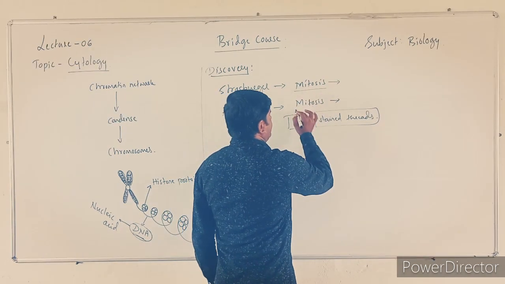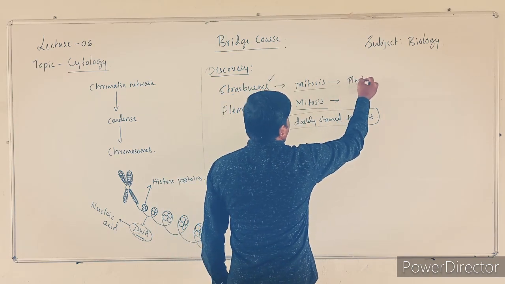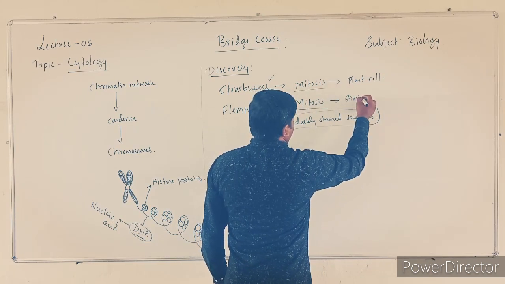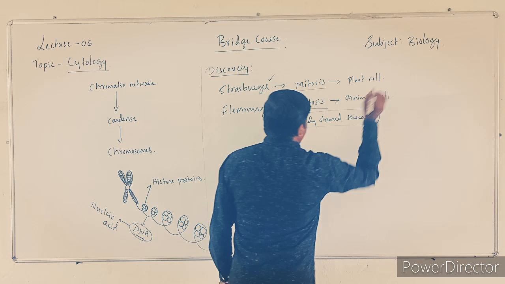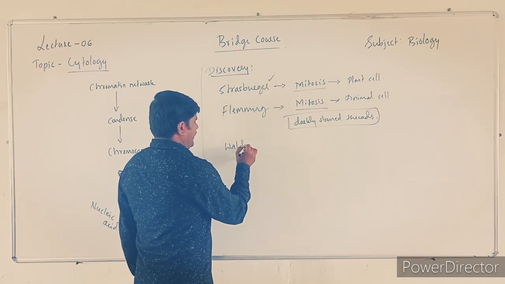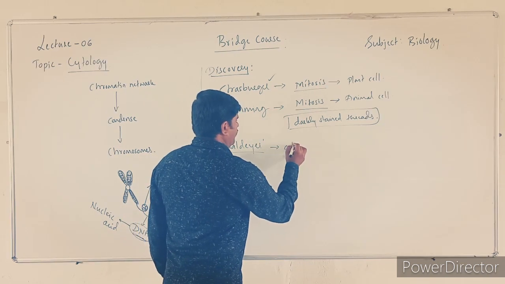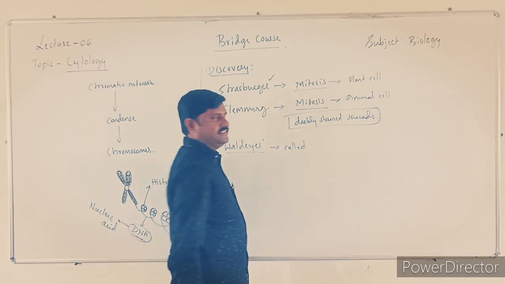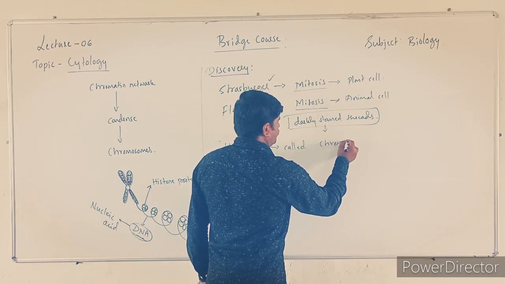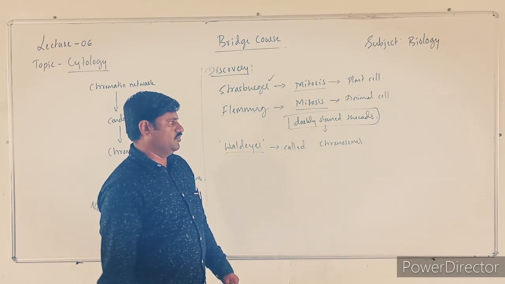During the study of mitosis, Strasburger saw them in a plant cell, and Fleming saw them in an animal cell, right? And after that, Waldeyer is another scientist, the one who called these darkly stained threads chromosomes. They were first named chromosomes.